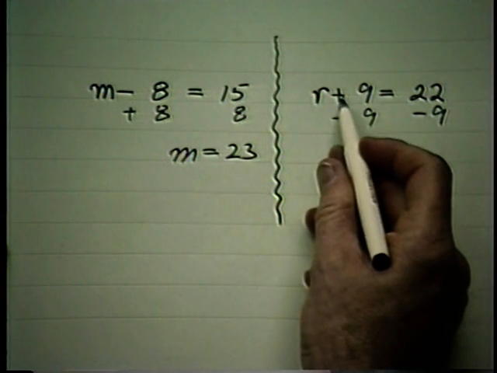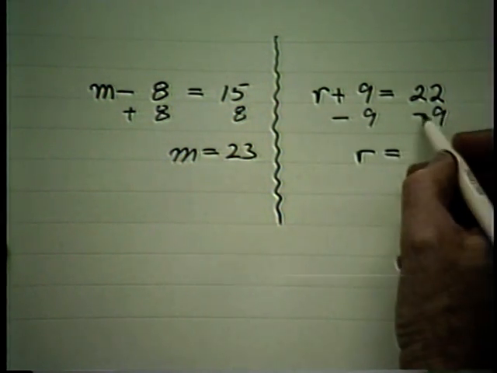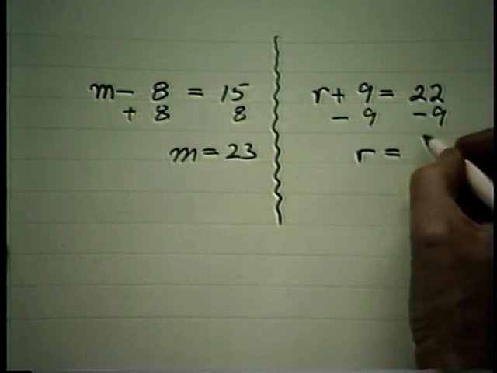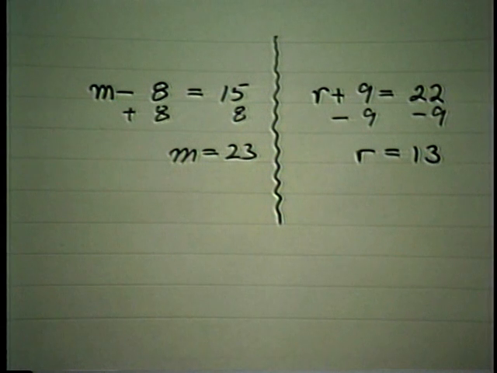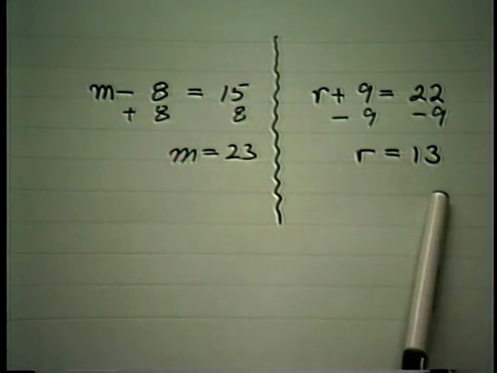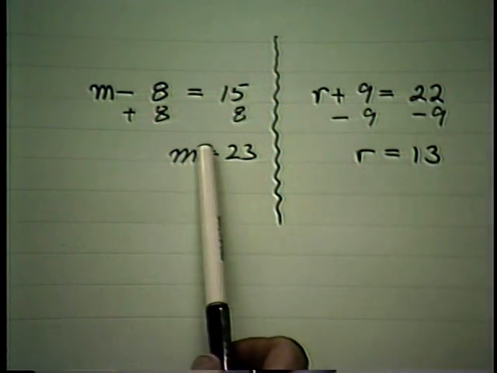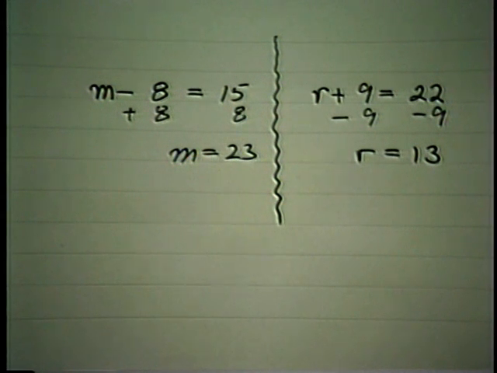Subtracting 9 undoes adding 9, leaving me with the variable by itself. And subtracting 9 from 22, we get 13. Just that simple. You have a few problems like this, and it gives you a chance to review adding and subtracting, but at the same time begins to prepare you for algebra, rather slowly and comfortably, I might add.